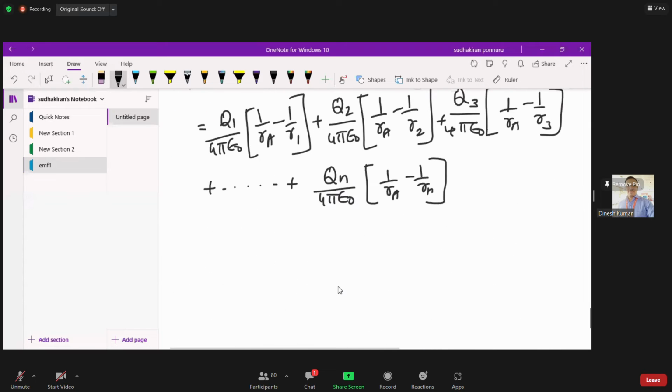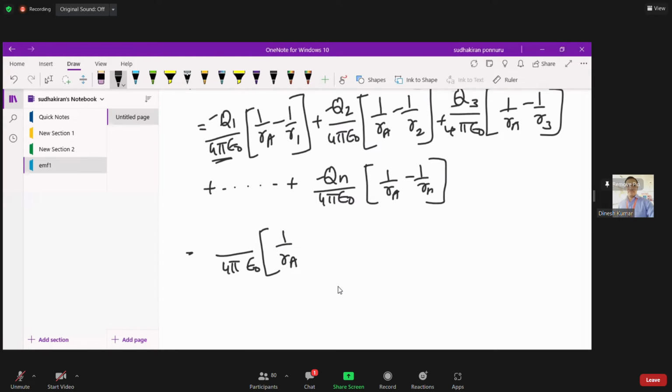If you observe the above equation, there is a common term, 1 by 4 pi epsilon naught, and also 1 by RA, which is common for all the expressions. Here we have Q1, Q2, Q3 up to Qn, following one sequence.